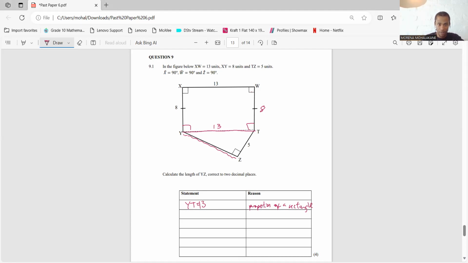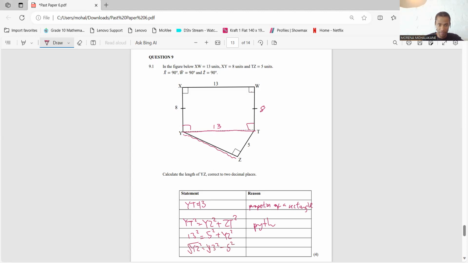Now, I know that the hypotenuse side, YT squared, is equal to the square of the other sides, YZ squared plus ZT squared, per the Pythagoras theorem. So 13 squared equals 5 squared plus YZ squared. So YZ squared equals 13 squared minus 5 squared.